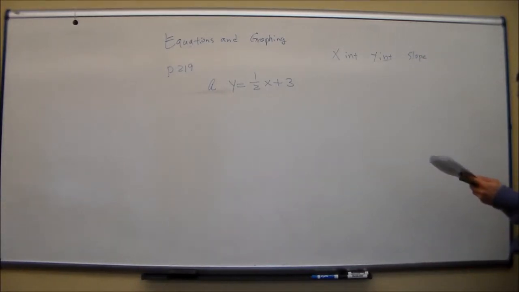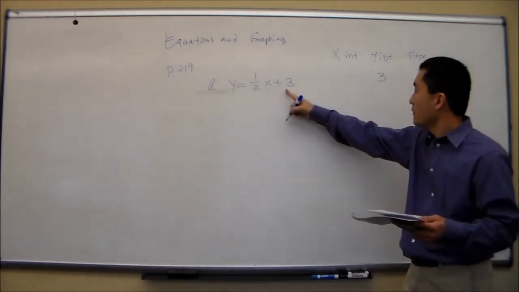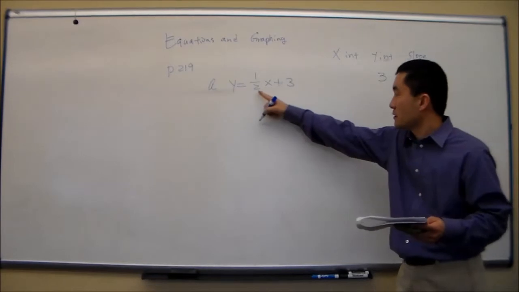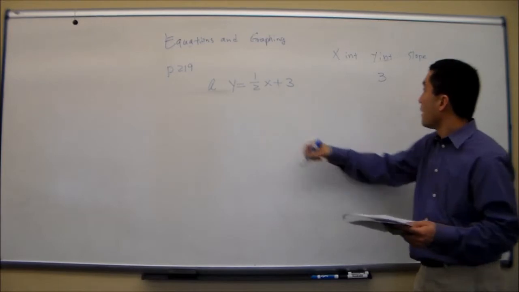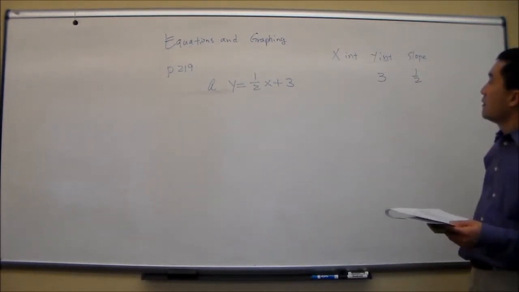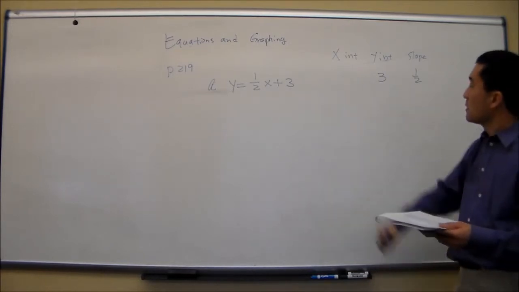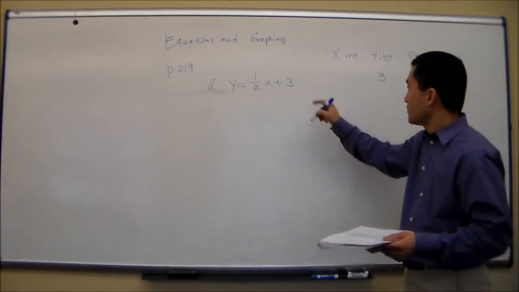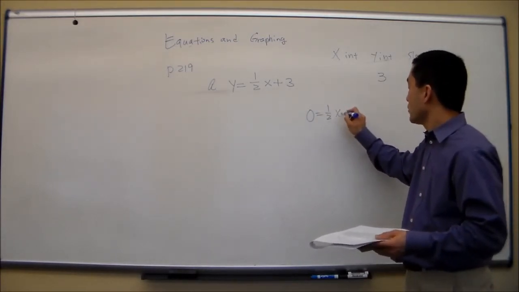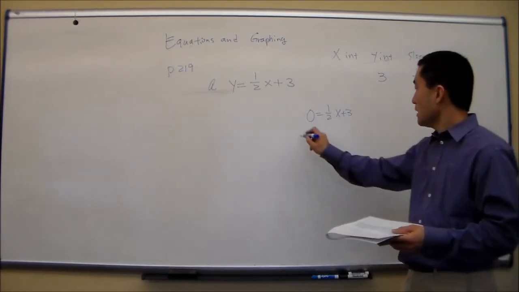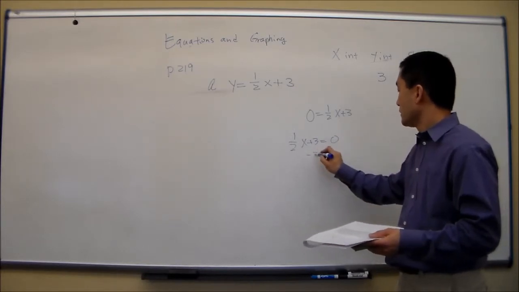Well, the y-intercept is given to you, 3, which is this number. That's why it's called slope-intercept, because this is the slope and that's the intercept. So having said that, what's the slope? Half. Okay. What's the x-intercept? Now you're going to have to do some calculations. To find the x-intercept, your step is to make the y 0. So 0 is equal to half x plus 3. Minus 3 minus 3.